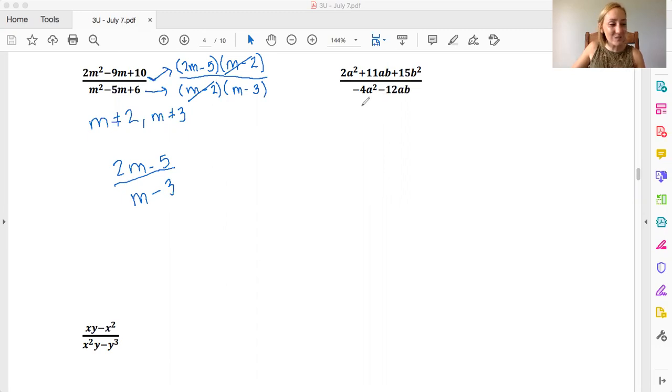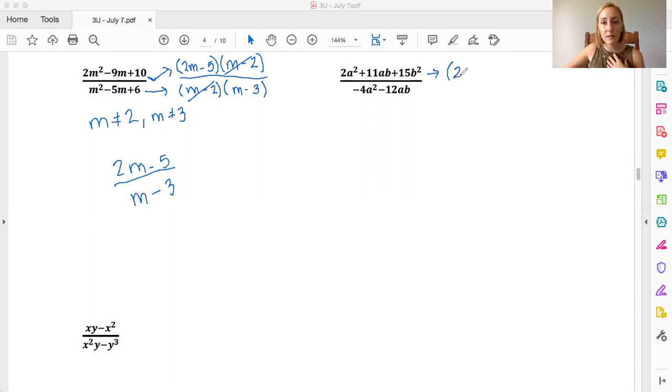Okay, so same thing with our top part here. My face is a bit in the way here, but whatever. Because we have a number in front of our a squared, that means it's going to be a complex trinomial. Again, I'm not going to do the factoring with you.